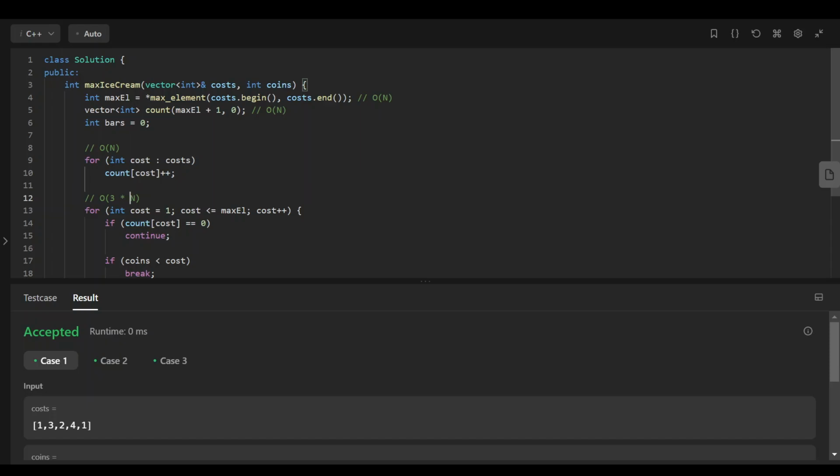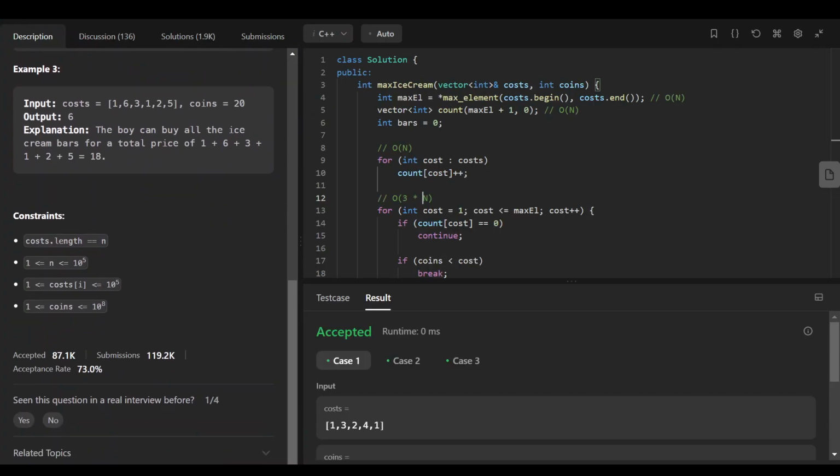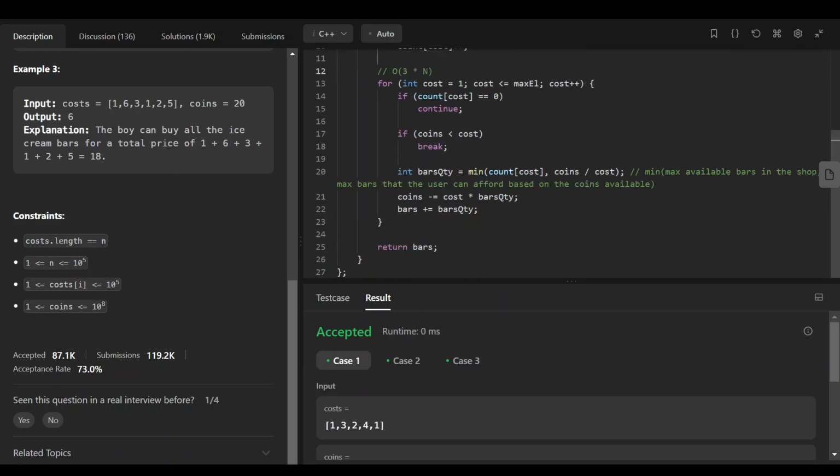Well, but the n log n solution, the sorting one, the maximum time that it will take will be equal to 16 into n, because log base 2 of 10 raised to the power 5 is the maximum, and the maximum n that can be will be 16 into n. But this will be 7 into n regardless of the n value.